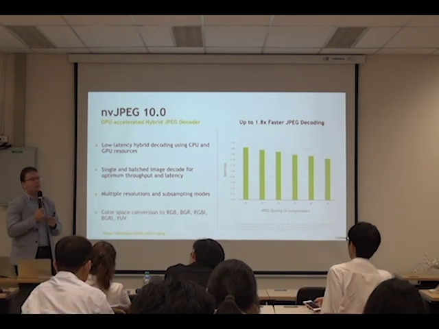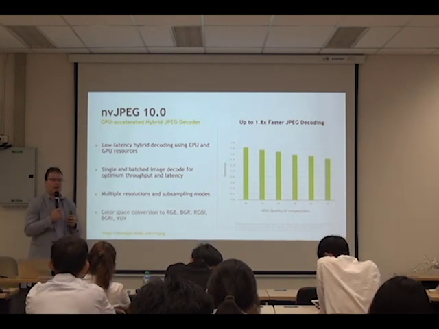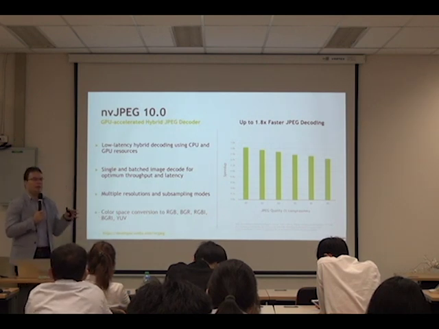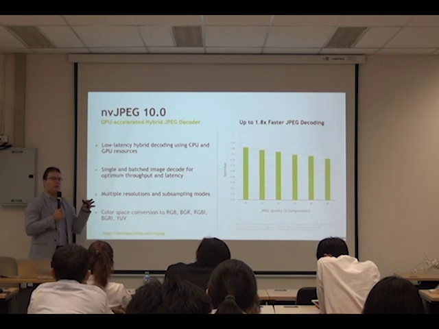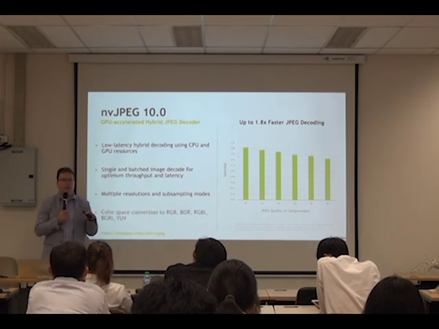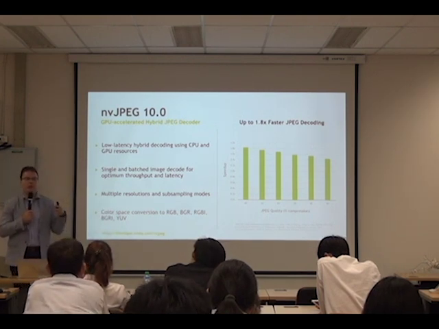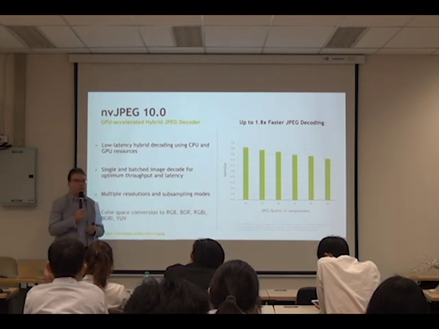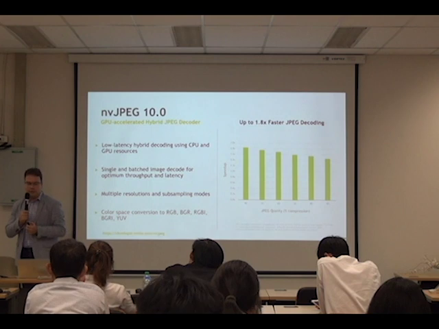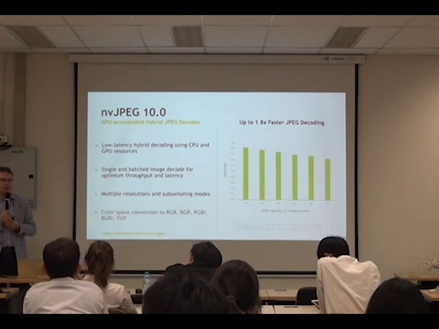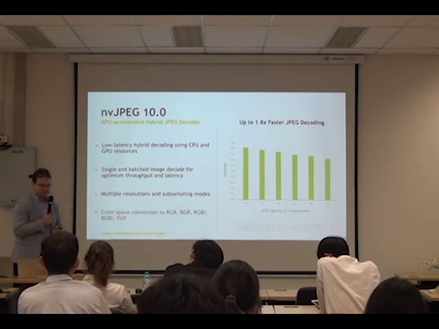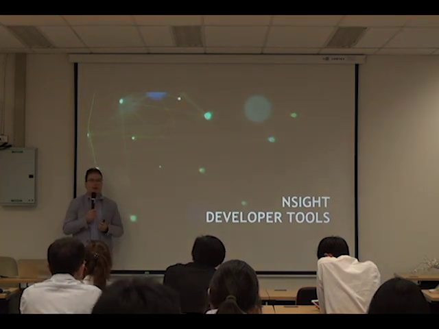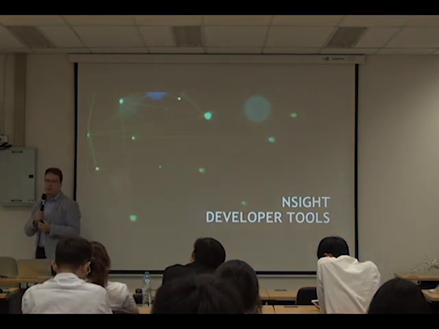And you need to have a very fast library that is decoding those images, whether those images are coming from your smartphone, from a camera, from a video feed, so a frame in a video, you need to decode those images. So we created nvJPEG, which is a very fast decoding library for JPEG images. So this was a very quick overview of a couple of libraries that are most commonly used.